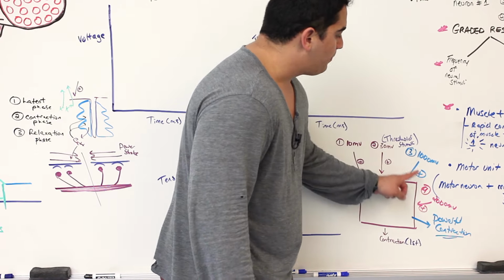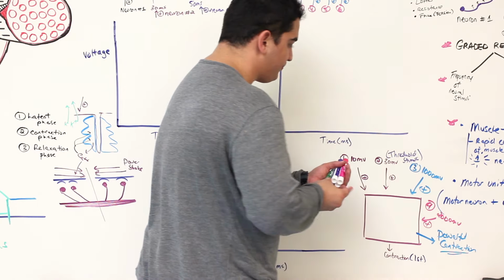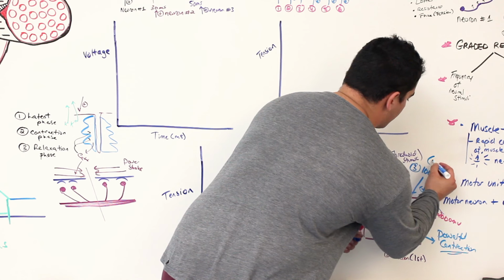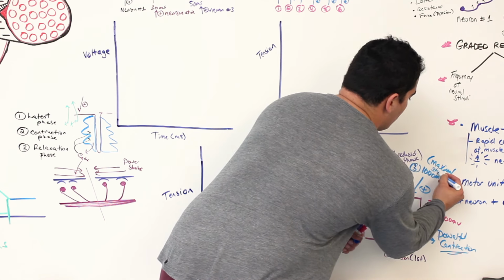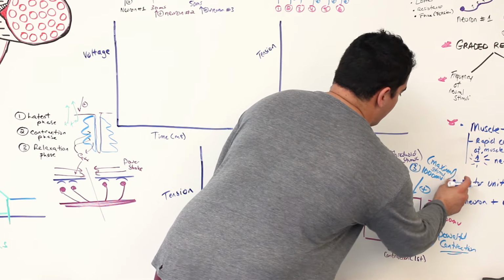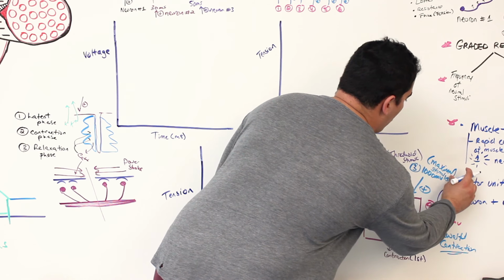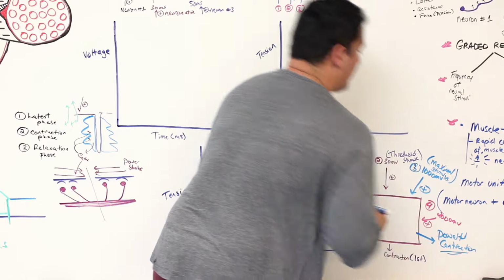This must be my maximal stimulus. So 1,000 millivolts, let's just suppose, is my maximal stimulus for this muscle cell to produce the most powerful force or contraction.